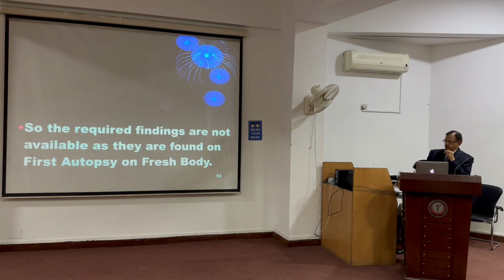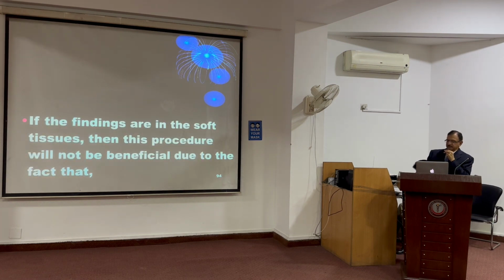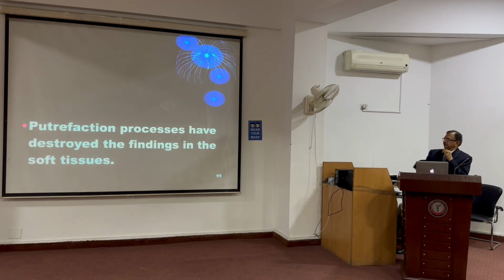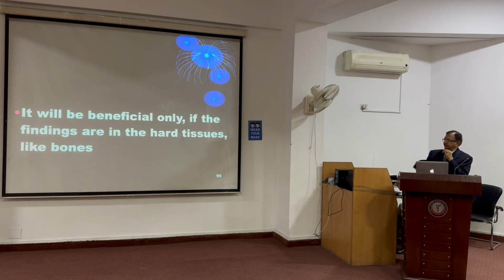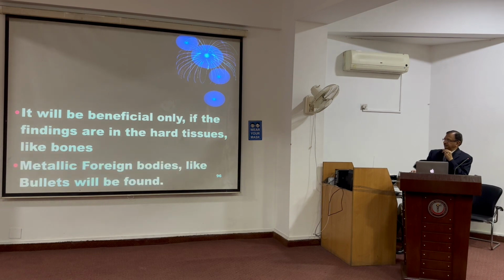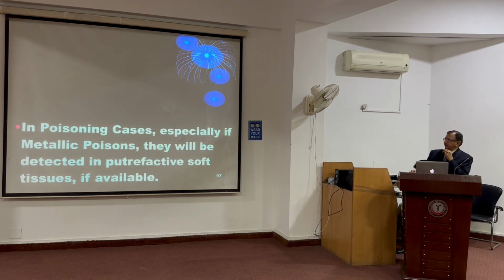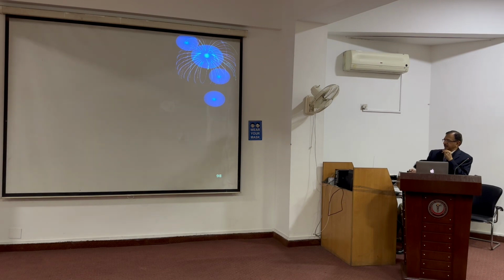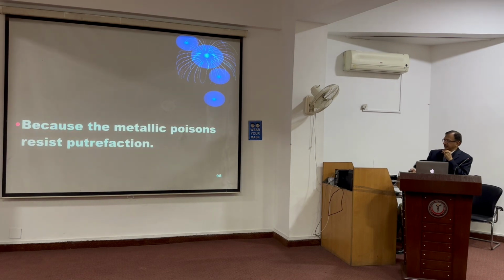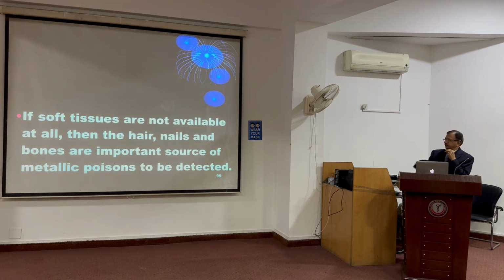So the first examination, the fresh body, is the most important. If the poisons are metallic, they can be detected, because metallic poisons resist putrefaction and get deposited in the hair, nail and bones.